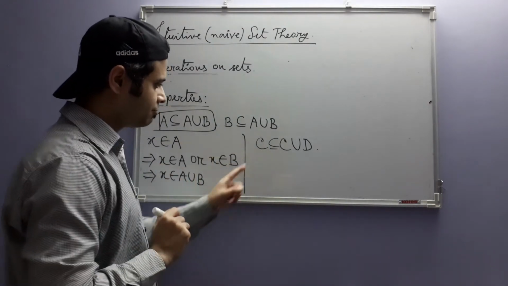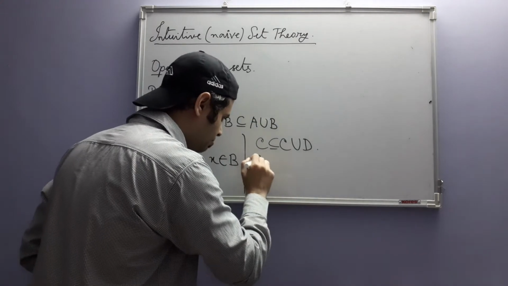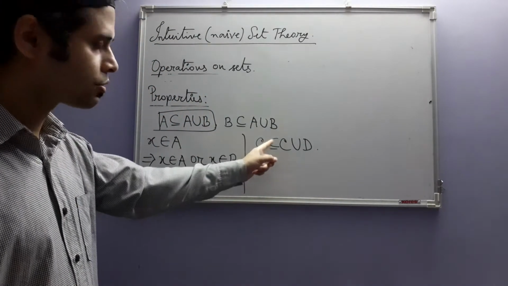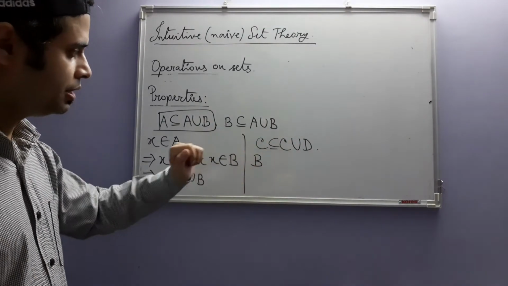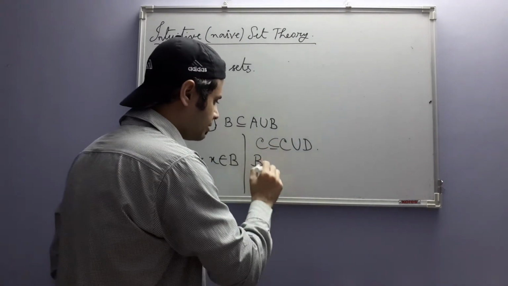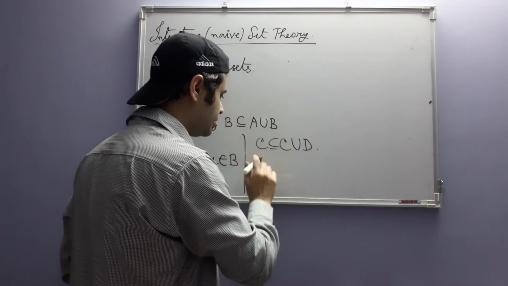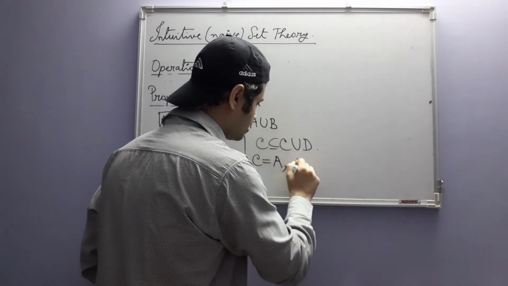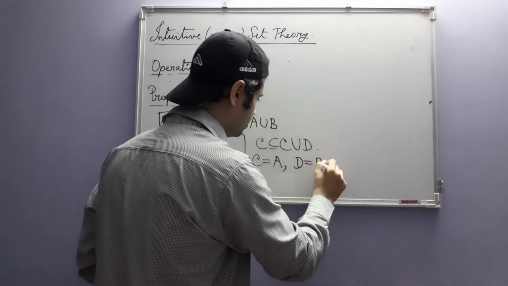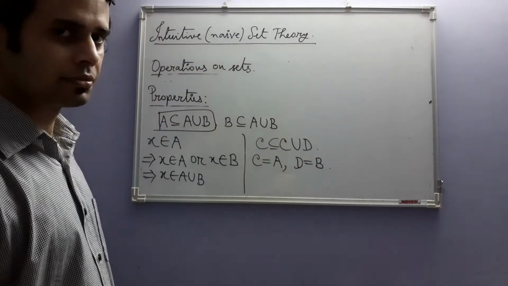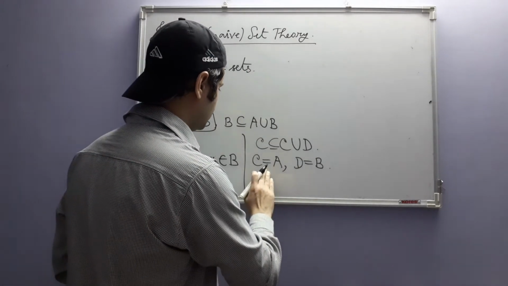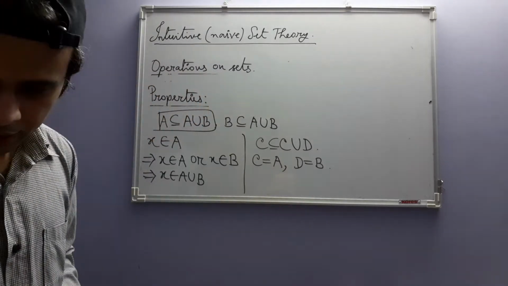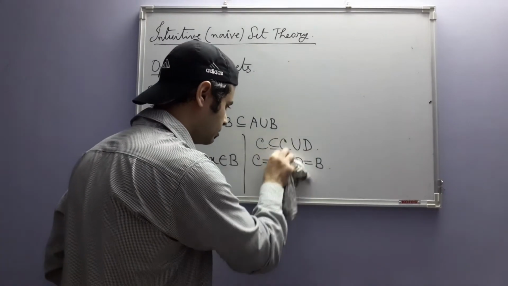Now in place of C, I write B. I can write B because B is also any set, and since this is true for any sets, I can write B here. If I do that, in place of C I am writing A, and in place of D I am writing B. No, I think I have written the wrong thing.